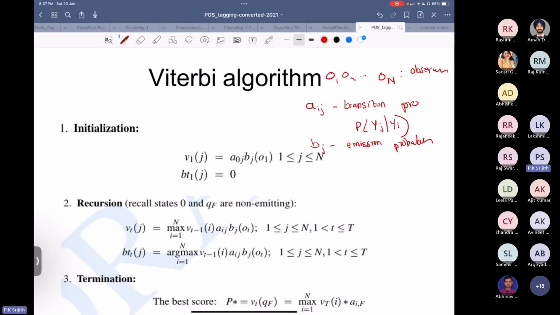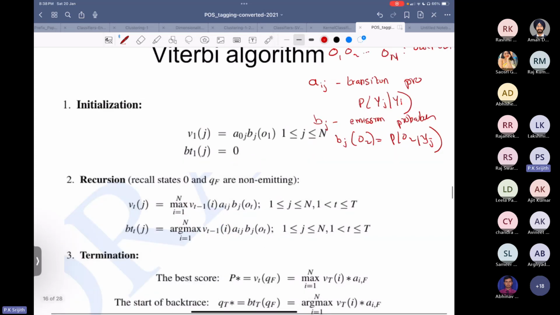So bj is the emission probability, like bj of O2 represents the probability of O2 given yj. This is the emission probability.